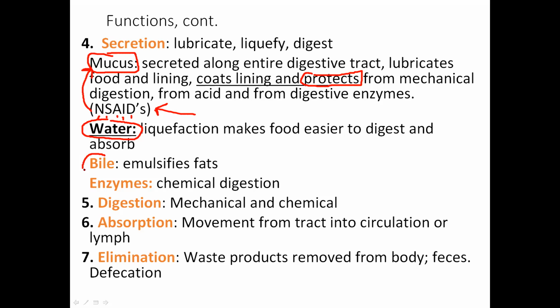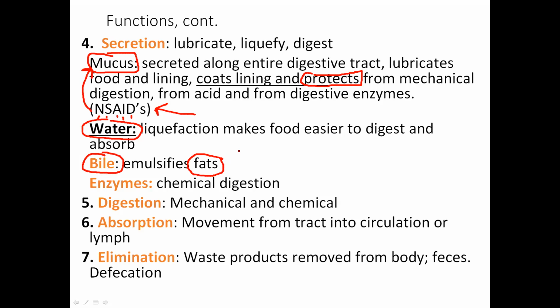Bile, and write this down, bile is stored in the gallbladder. Bile is released from the gallbladder after you eat, especially after you eat fats.